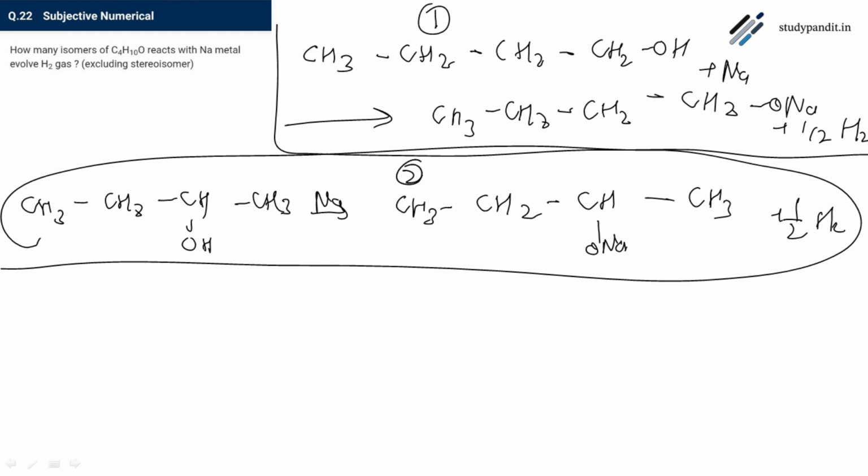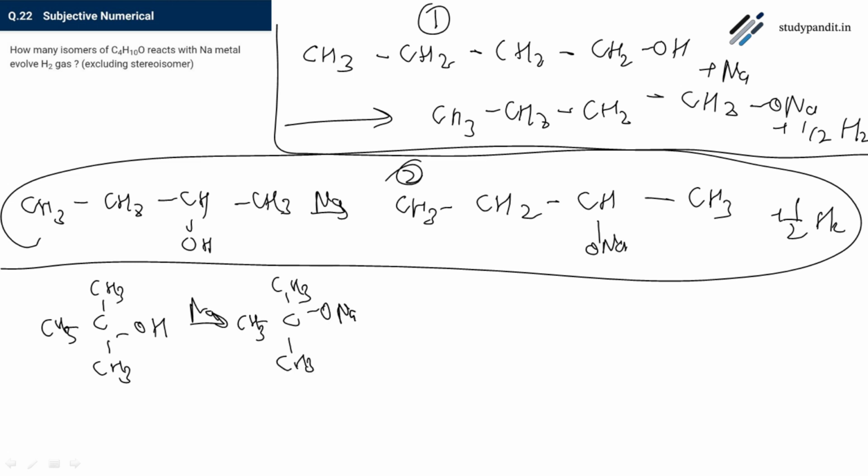Now, (CH3)3COH with Na will give (CH3)3CONa plus half H2. This is the third.